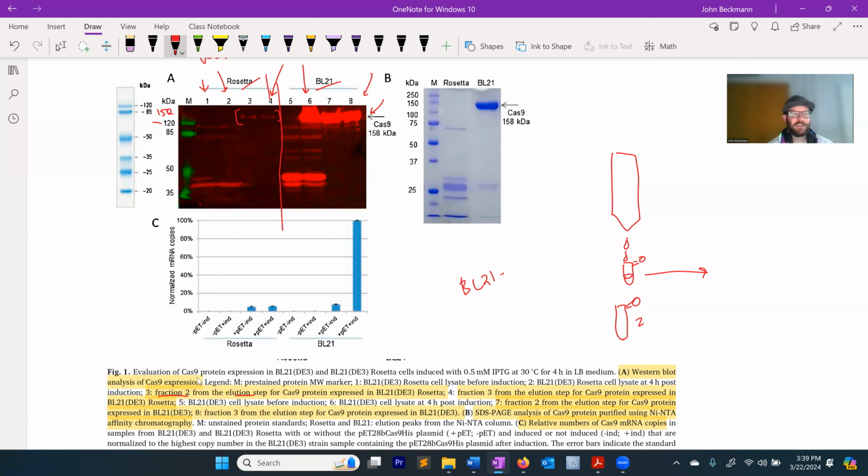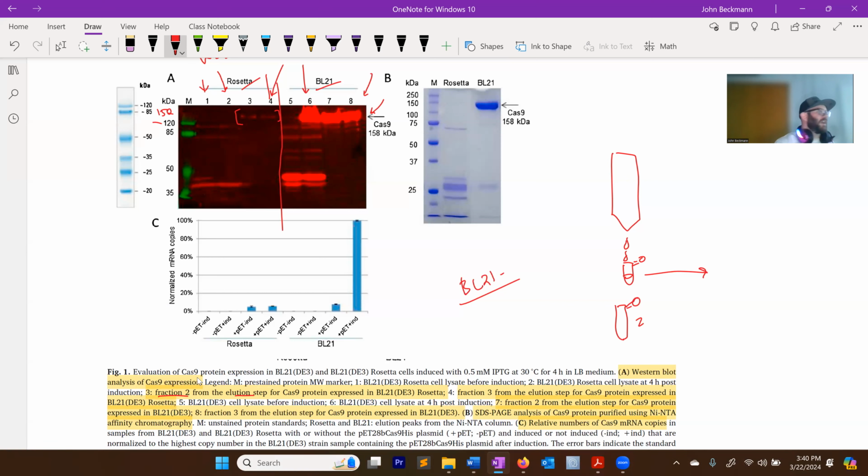So did anybody catch the rationale for why they think that the Rosetta cells were not expressing the Cas9 very well? Yeah, so again, the Rosetta cells have this extra plasmid. To maintain the extra plasmid, you have to add what chemical? Chloramphenicol.